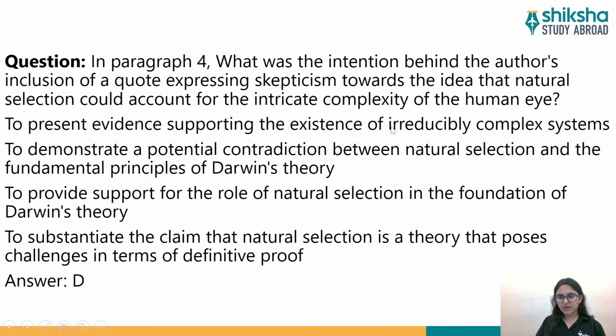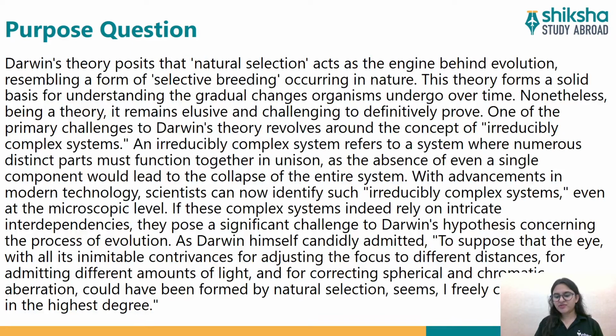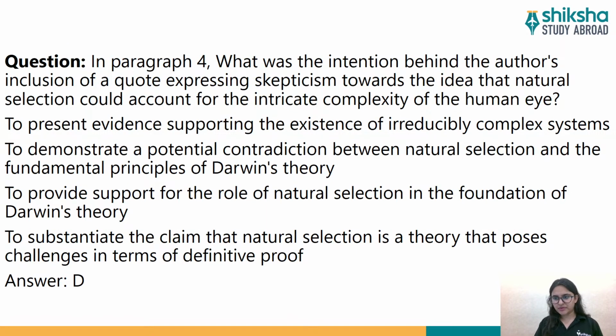Just underline the keywords and the difficult words which you are not able to get the meaning of. No need to understand each and everything in IELTS and TOEFL. I always suggest that. Just go back to the passage and read the lines and the words where these difficult words are located, and then try to get the meaning out of it.